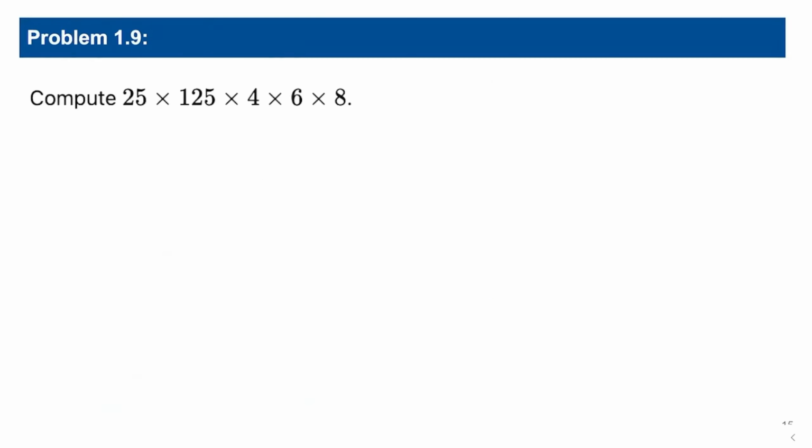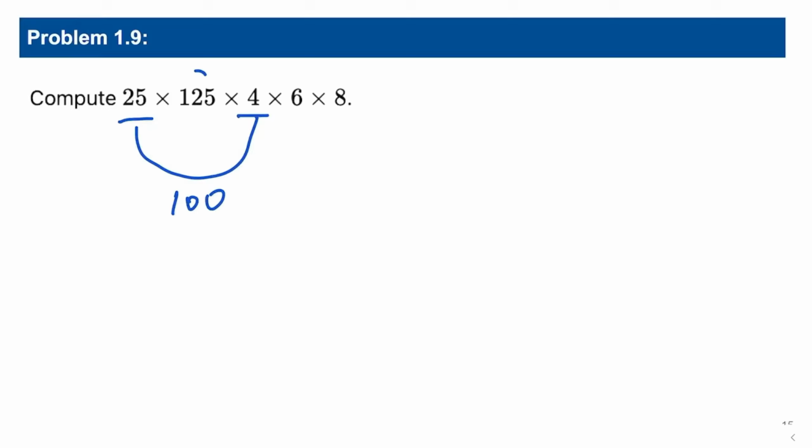Problem 1.9. Compute 25 times 125 times 4 times 6 times 8. 5 numbers multiplied together. If we are going to calculate 25 times 125, that will be some amount of work. Now let's see if there's any easier way to find the result. If we multiply 25 by 4, we get 100.